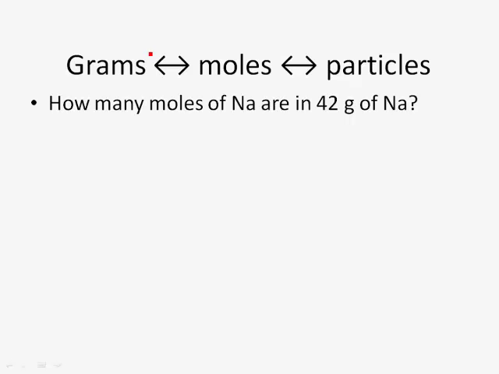So in making this transition from grams to moles, we're going to use the average atomic masses from the periodic table. And in transitioning between moles and particles, 6.02 times 10 to the 23rd.